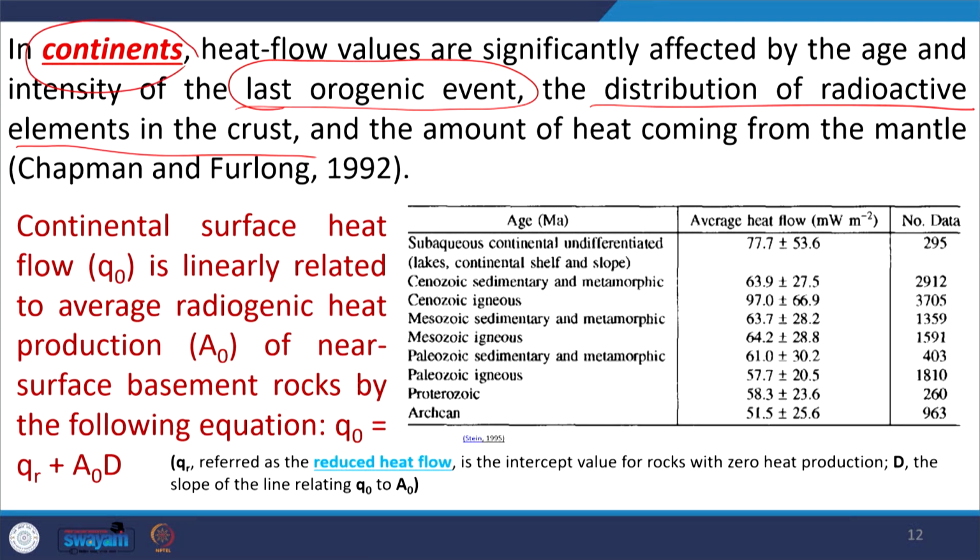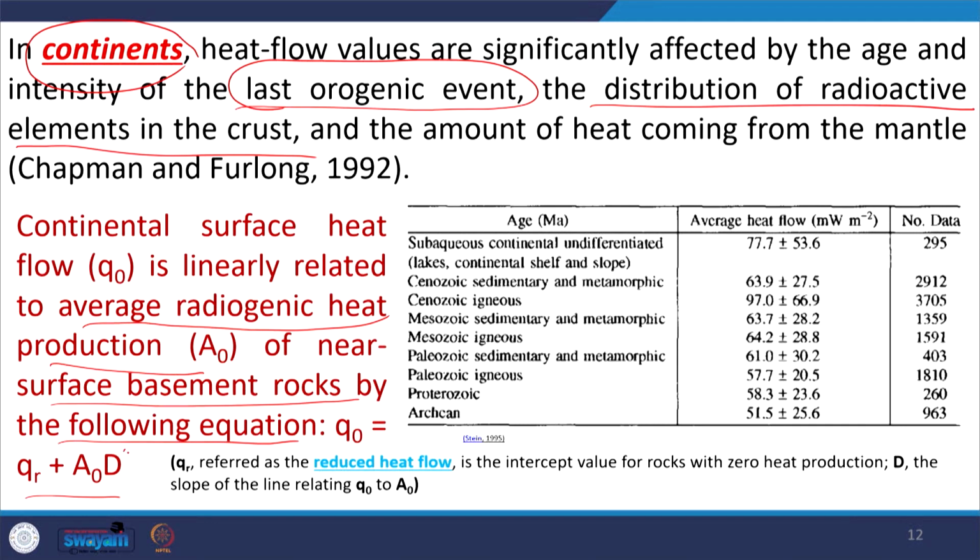Continental surface heat flow is linearly related to the average radiogenic heat production of the near surface basement rocks by the equation given here.